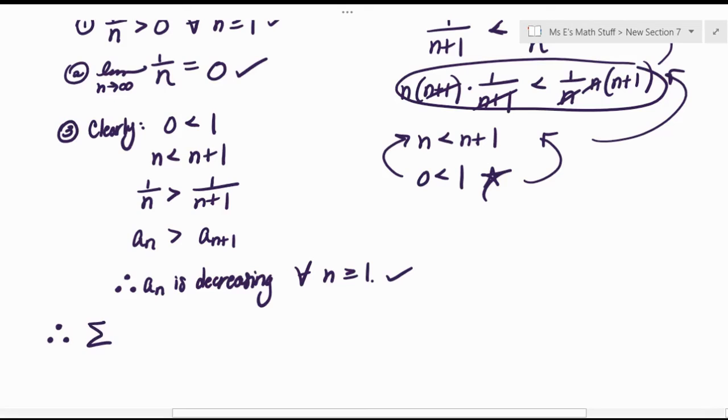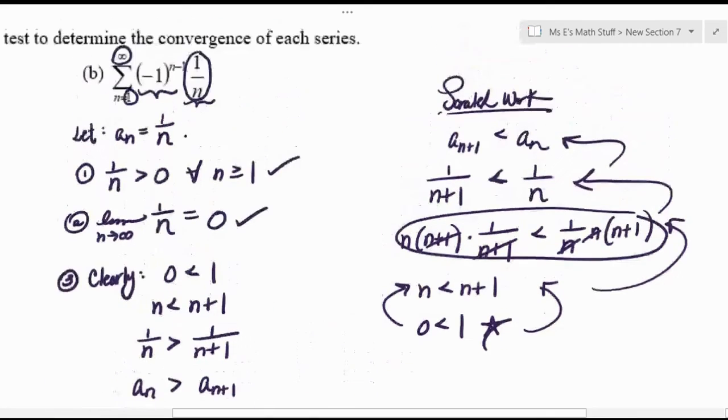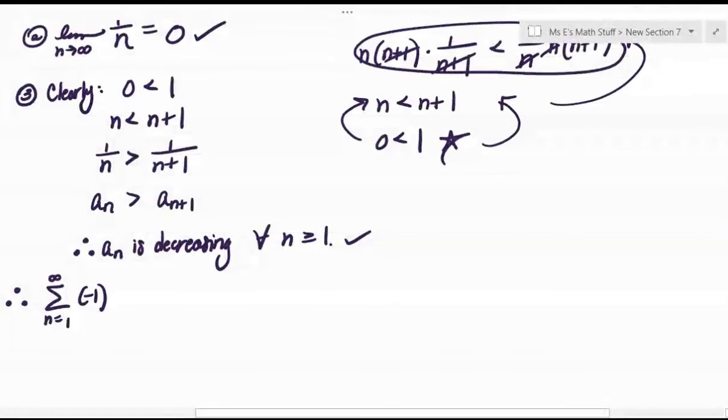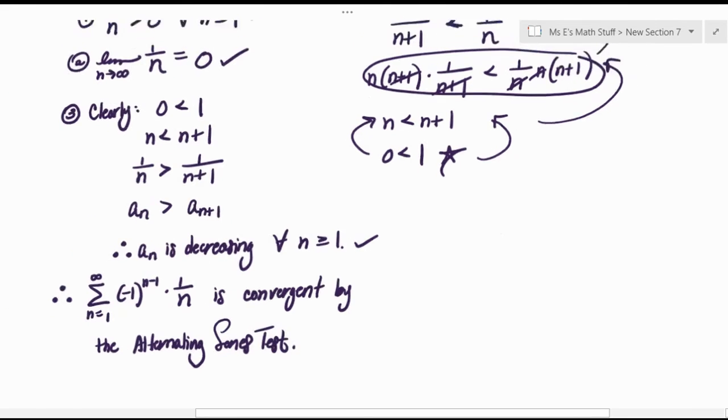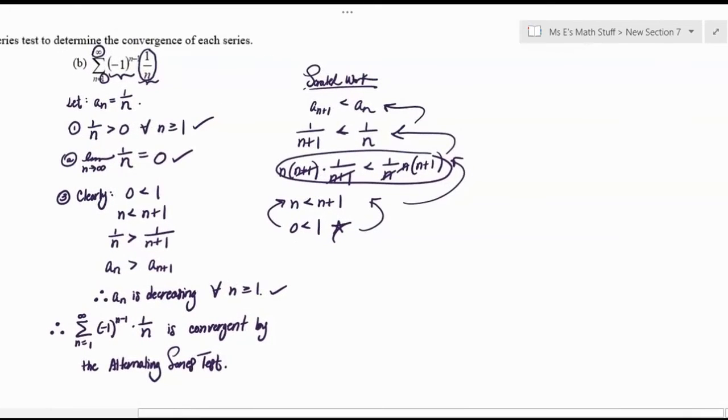Therefore, we could say the sum as n goes from 1 to infinity of -1 to the n minus 1 times 1 over n is convergent by the alternating series test. There we go. So hopefully you're getting the feel for it.